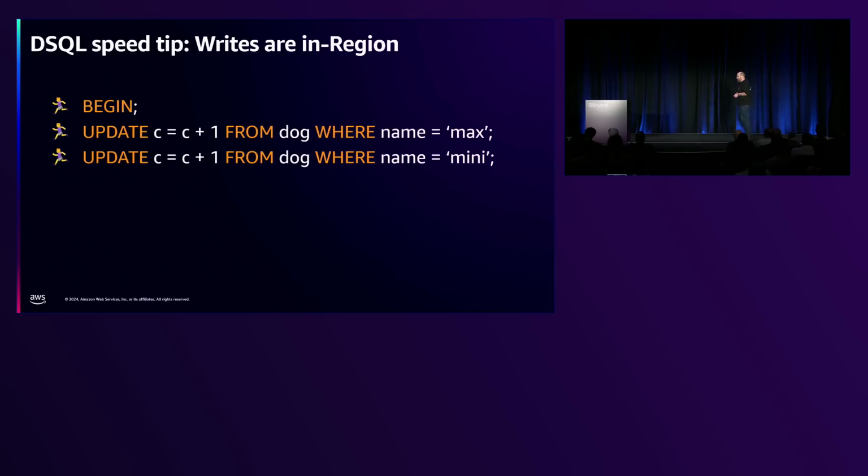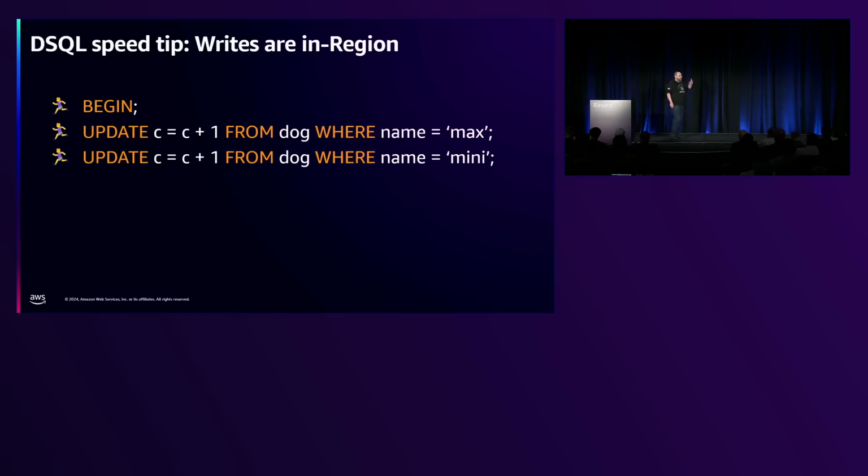So here's the surprising thing. This is where some of the distributed systems folks in the room might be thinking, what's going on here? Turns out that writes are also in region. They're also fast, they're also local, and they also never reach out across regions. And so here I have a transaction where I am doing a begin, start transaction. I'm doing an update, I'm doing another update.